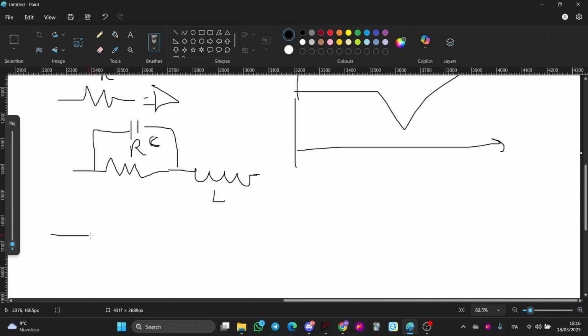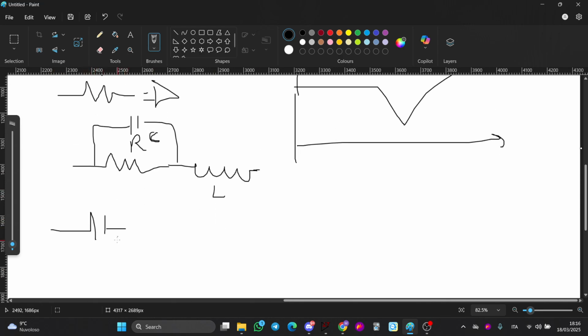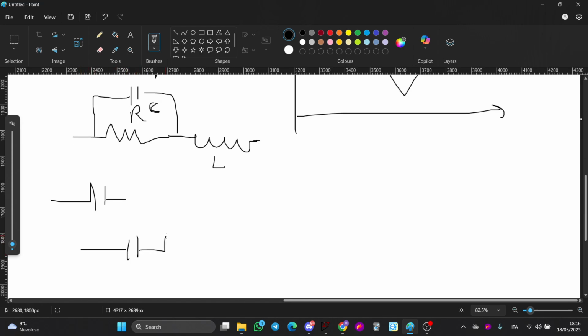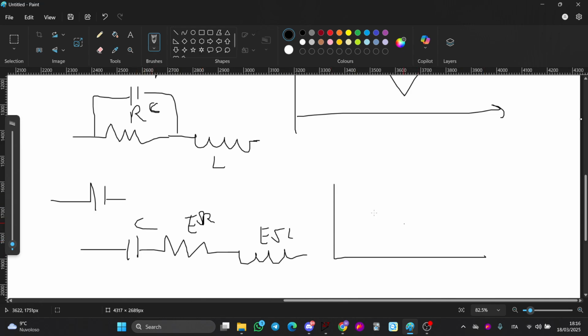And the capacitor instead will look more like a capacitor, an ESR, and an ESL, and C. And this will look more like this, where this point here is given by the resonance 1 over 2 pi square root of LC.